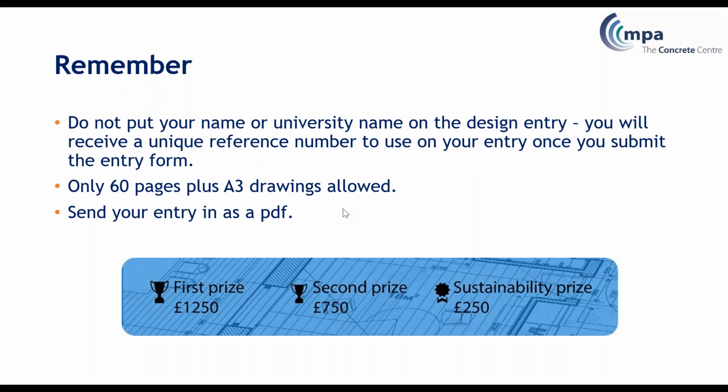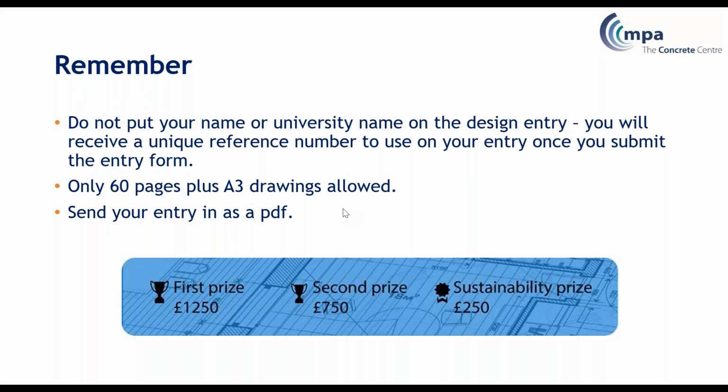It's always quite fun, we find out that it's number whatever, and then we look up who it is, and we see which university you've come from, but we don't know until then. So make sure that you don't give us a clue by putting your name or university name on the design entry. In the brief, it says that the competition should be 30 pages.